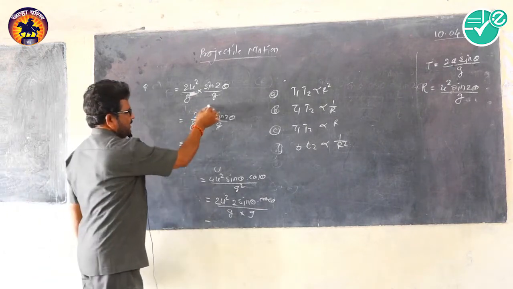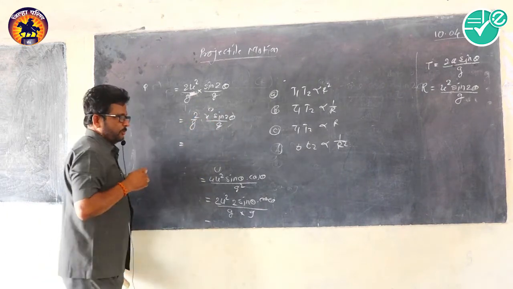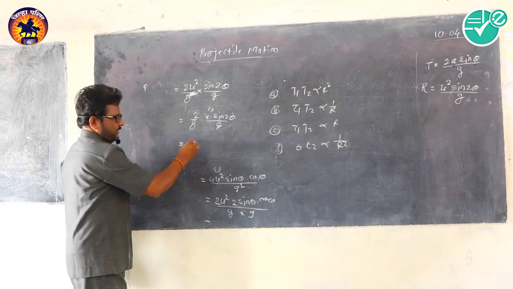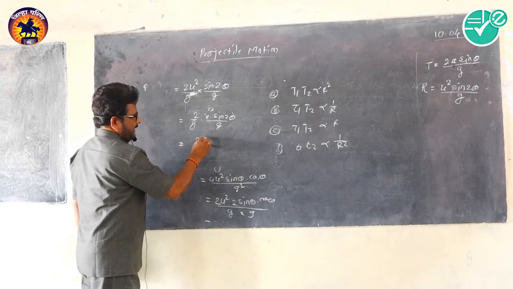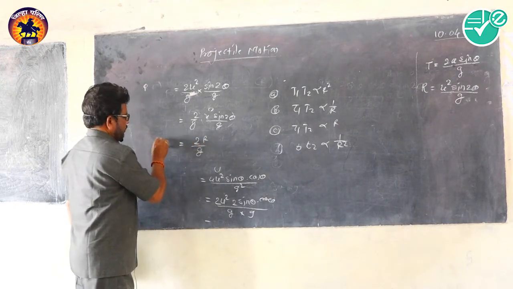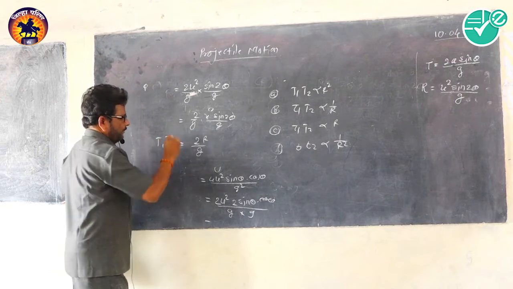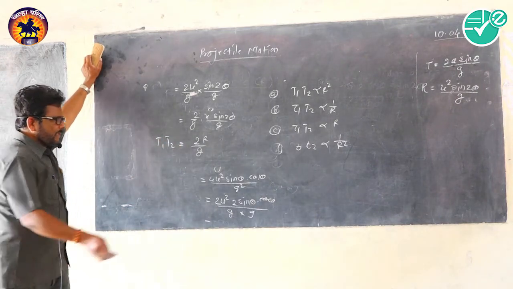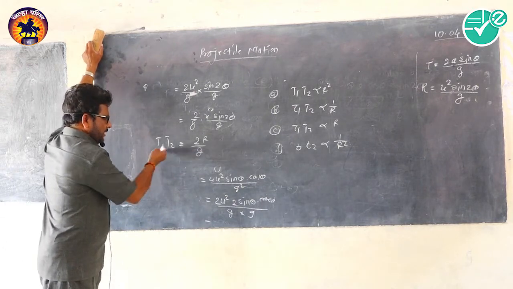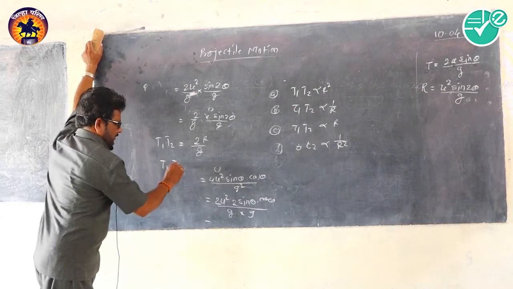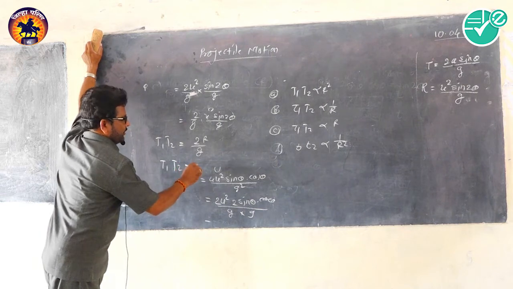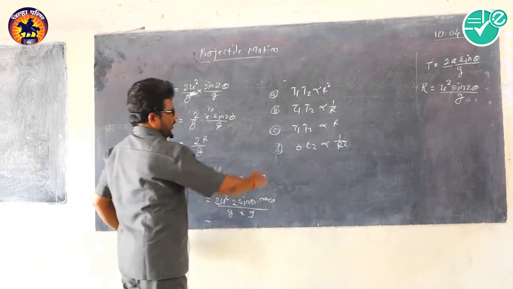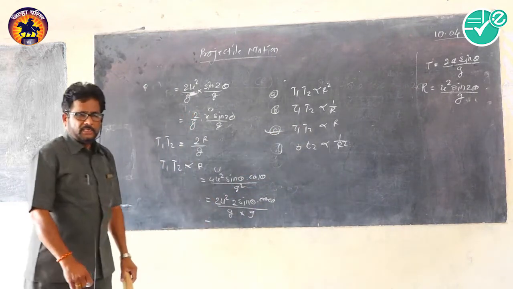But u square sin 2 theta upon g is the range of the projectile, and therefore twice R by g. So T1 into T2 is equal to twice R by g, as g is the constant. T1 into T2 is directly proportional to R, so option C will be correct.